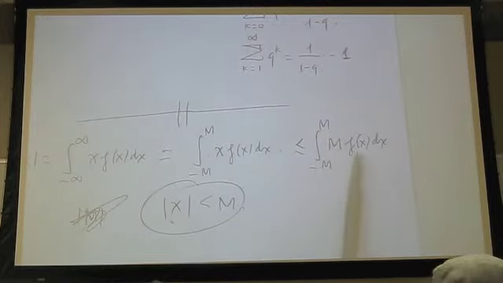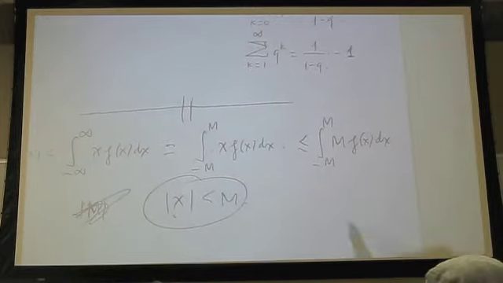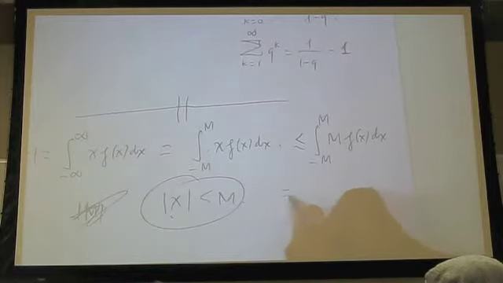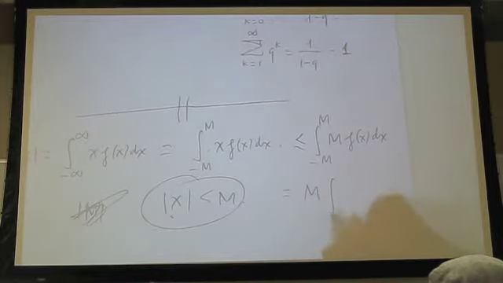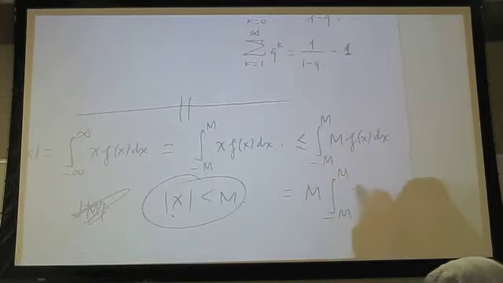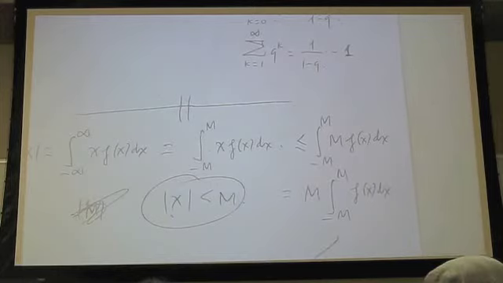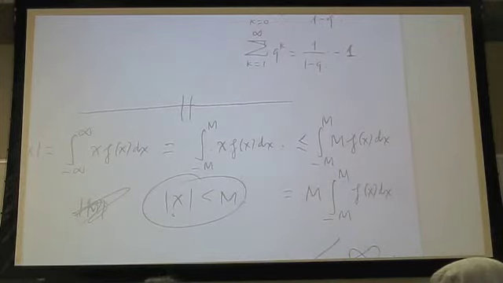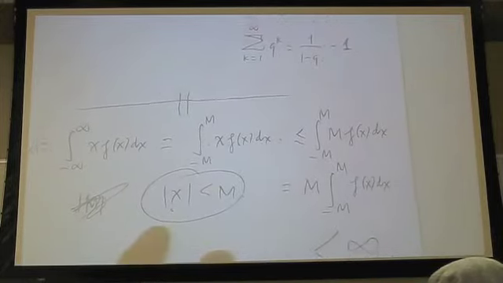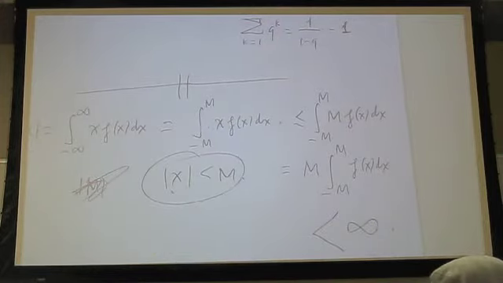And now argue why this one is finite. Well, this is equal to what? I can pull m outside: m times the integral from minus m to m of f(x) dx. Agreed? Now I want to show that this is a finite number. I might as well ignore the constant m outside.